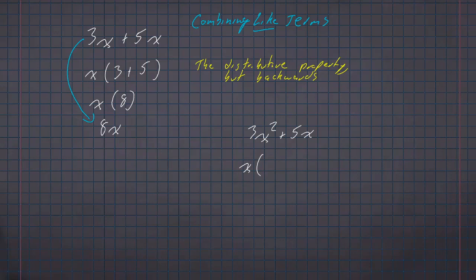We have to multiply by another x because x times x is x squared. So trying to do this, there's nothing else we can do. These two terms are not like, so they cannot be simplified.